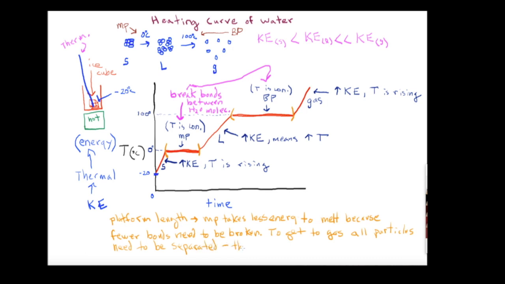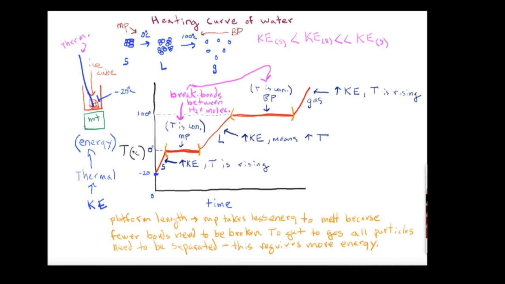This requires more energy. And that should make sense to you. It takes more energy to get to the gas because you have to separate all the particles that are still more or less bonded up in the liquid, right? And to go from the solid to the liquid, you literally have to break fewer bonds.